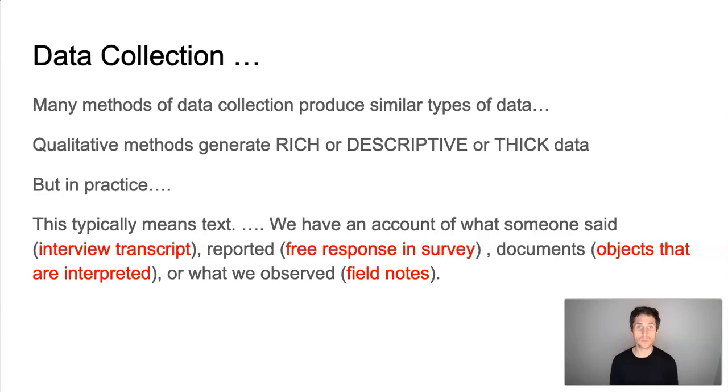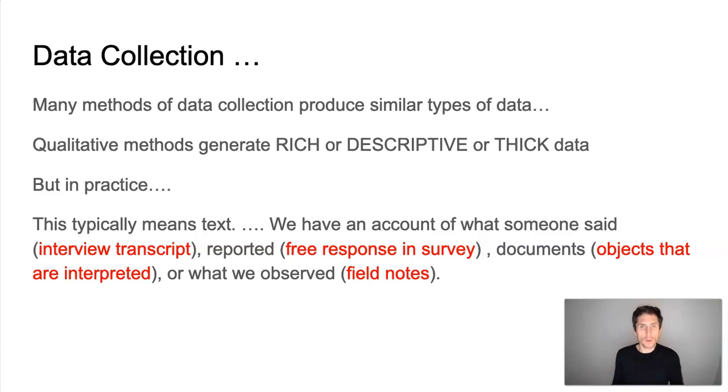So if we're conducting an interview, we record that interview, and ultimately what we produce is something like a textual transcript. If we're collecting documents or even objects, images, videos of some sort, ultimately what we're going to have is some sort of language-based description of those videos. And if we are out doing participant observation, ultimately what we're producing from those observations are sets of memos which help us reflexively understand and interpret what we're viewing.